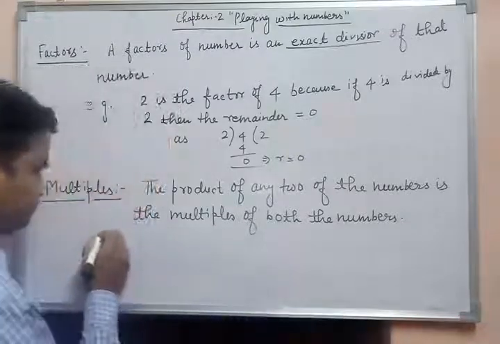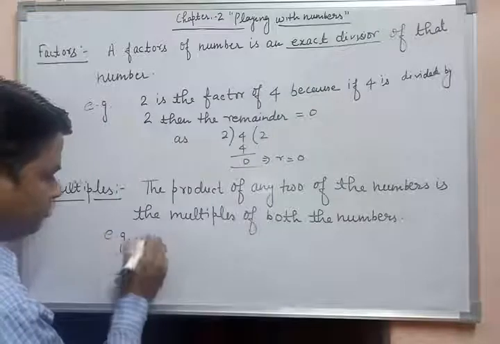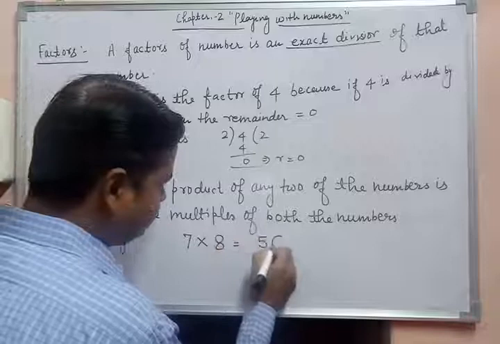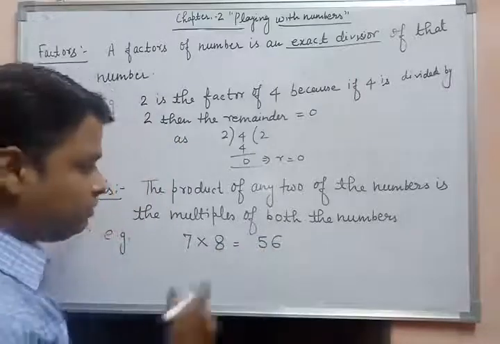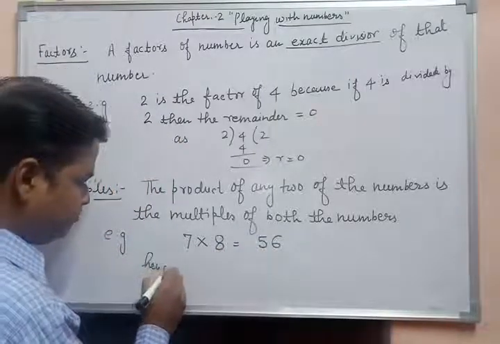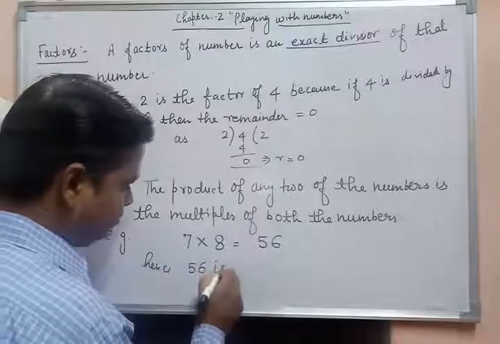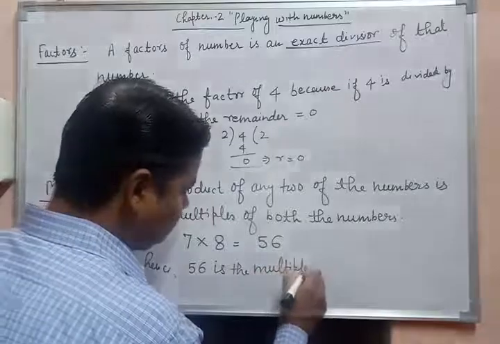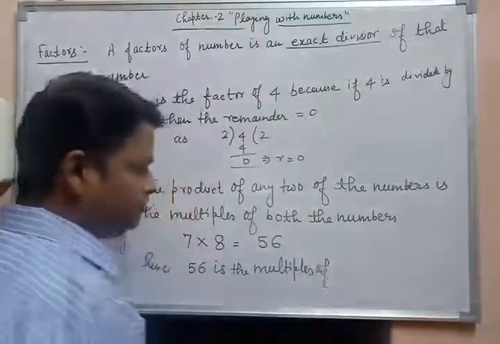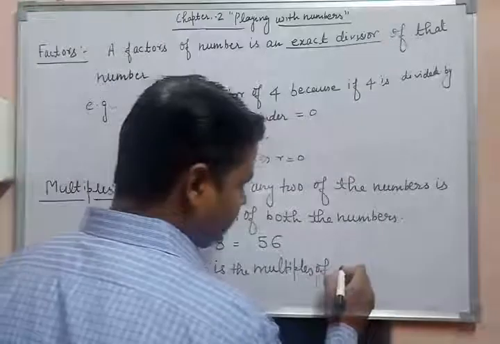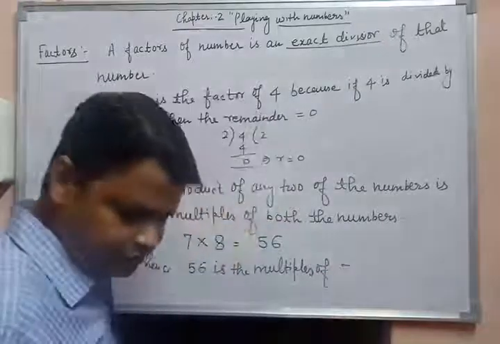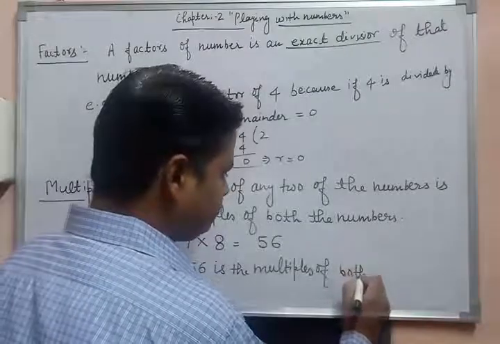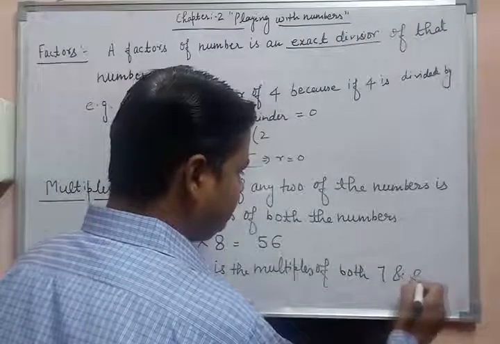For example, 7 multiplied by 8 is equal to 56. Okay students, now hence 56 is a multiple of both 7 and 8.